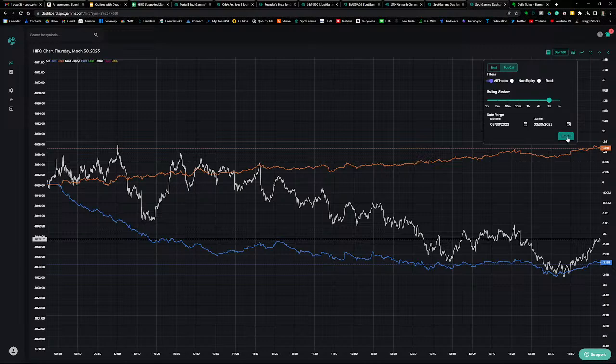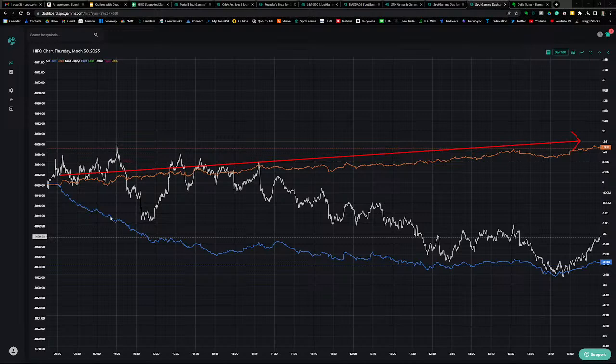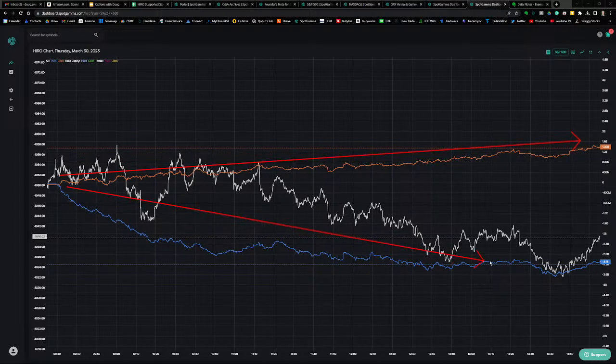And as expected, buying calls and buying puts. And this is a combined signal for the S&P 500. It's combining SPX options trades and SPY options trades into one signal. And this is very typical of the S&P 500. Traders are buying calls and buying puts, and it's just a matter of figuring out who is more aggressive, who's winning.